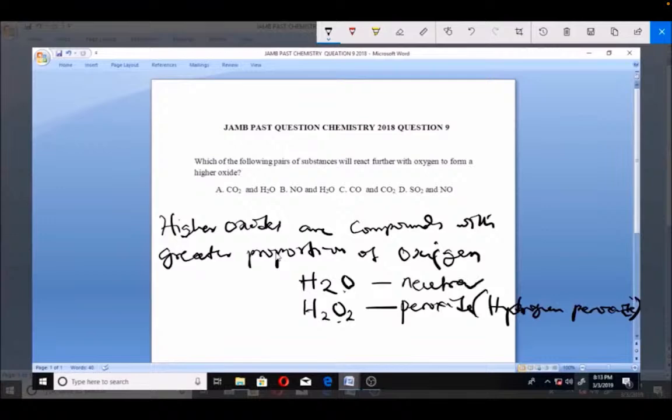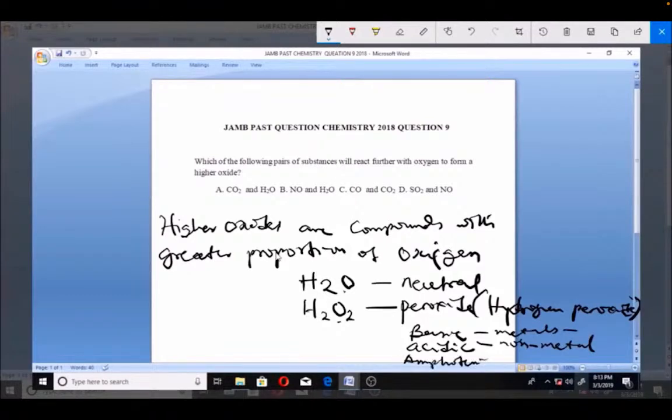You should know that we have neutral oxide, higher oxide, basic oxide, and acidic oxide. The ones from non-metals are acidic, and they form acidic solutions. The ones from metals are basic, and they form basic solutions. There are also what we call amphoteric oxides.